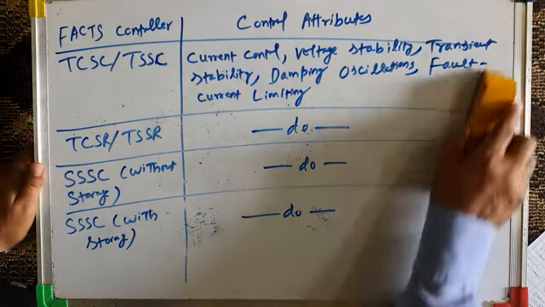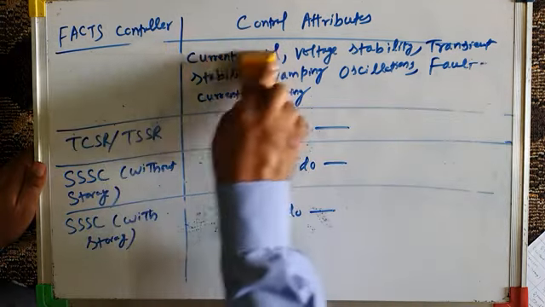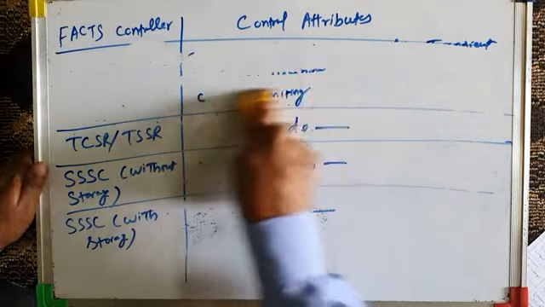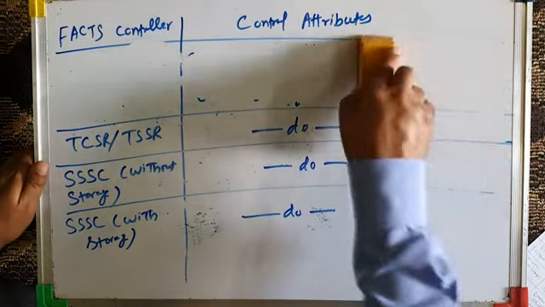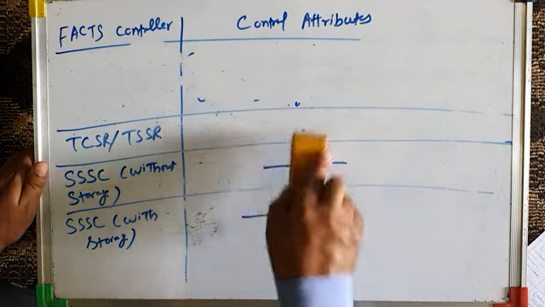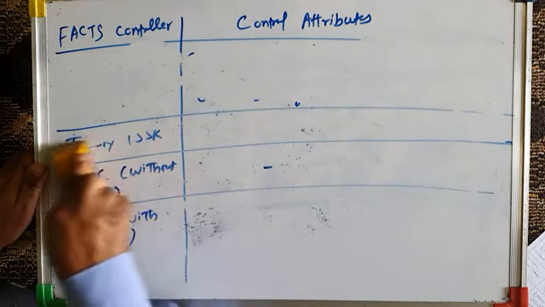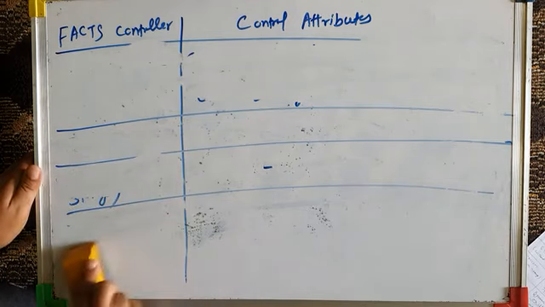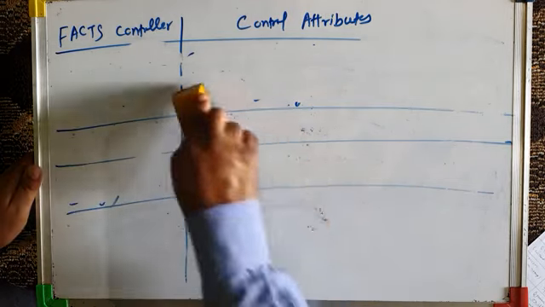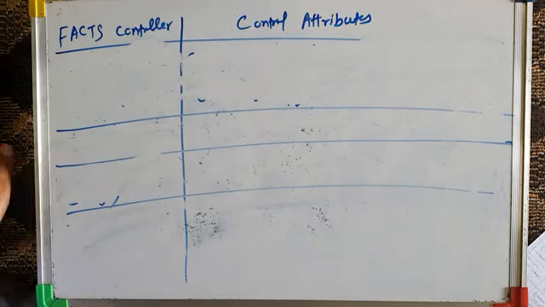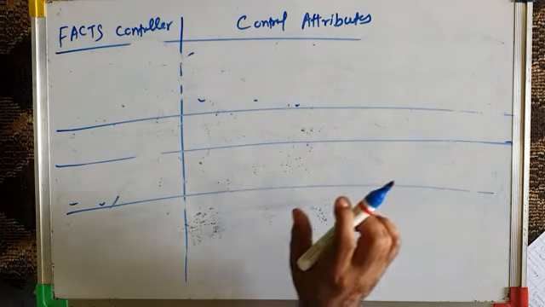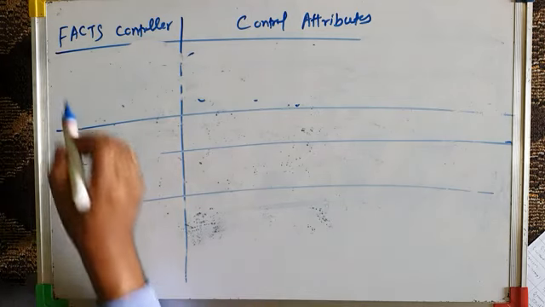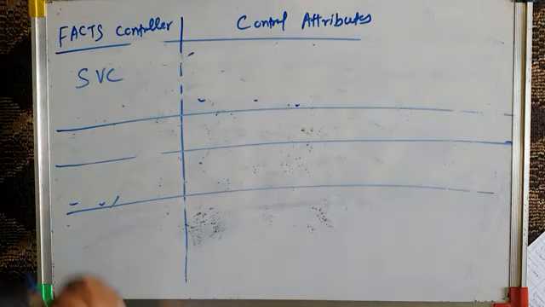So now let us quickly go to shunt FACTS controllers and list their control attributes. Now, the first type of shunt FACTS controller is static VAR compensator, SVC.